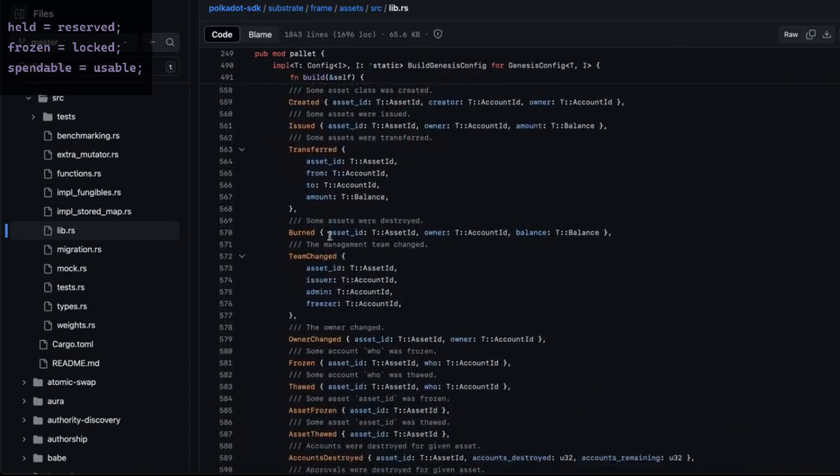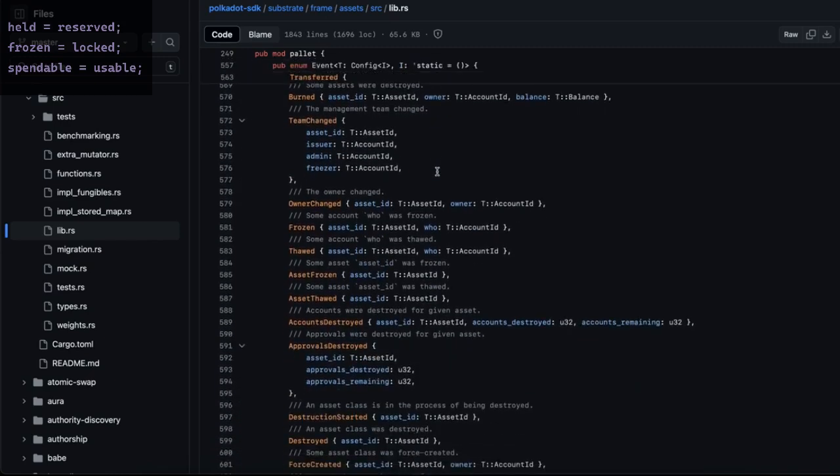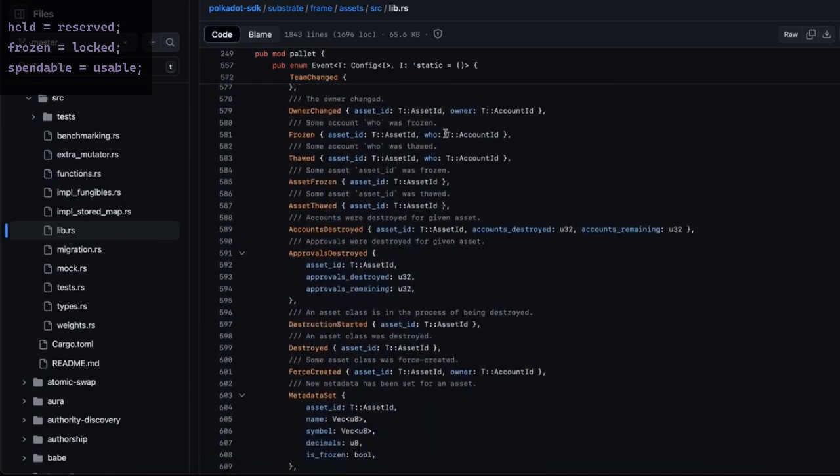So here, unlike the balances pallet, there's specific logic for creating and managing assets, some additional tokens apart from the native token. There could be an asset class created, the tokens issued, transferred, of course, burned, the team can be changed, the owner can be changed.